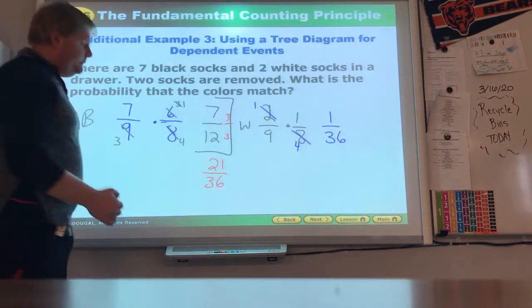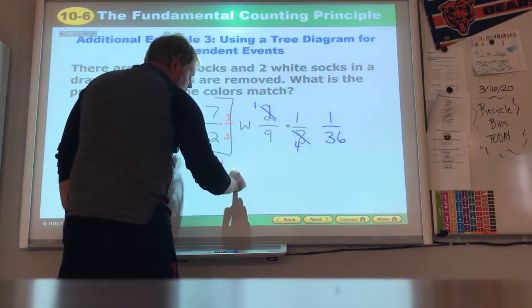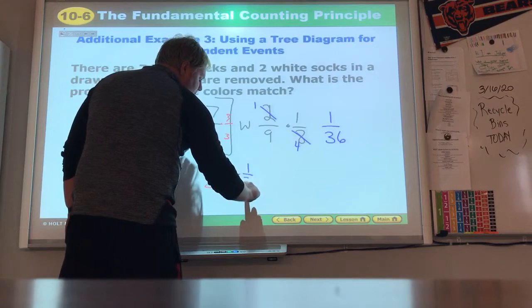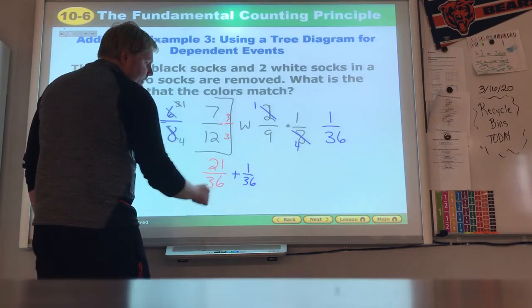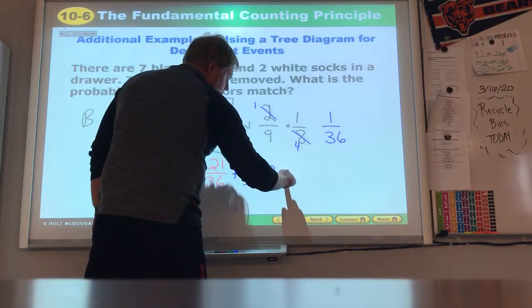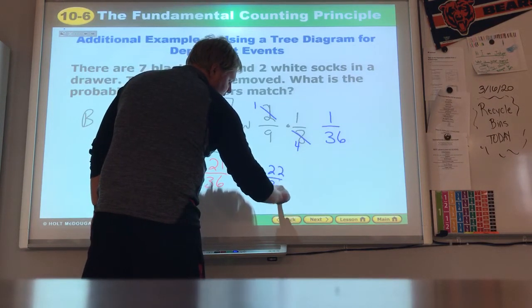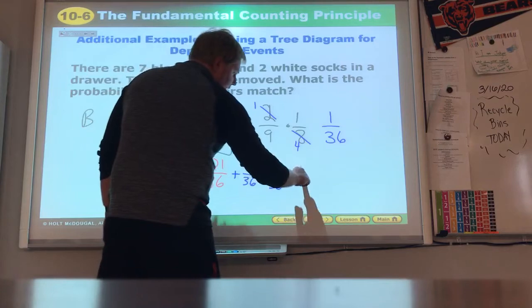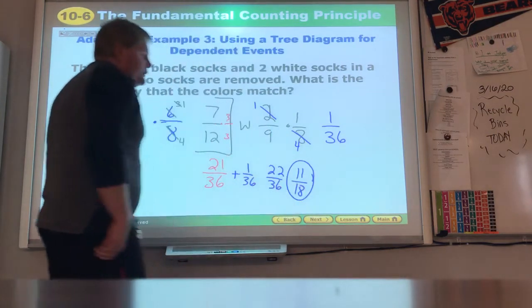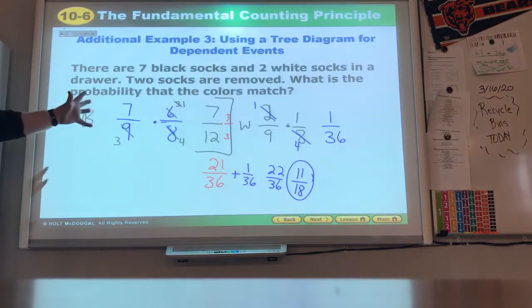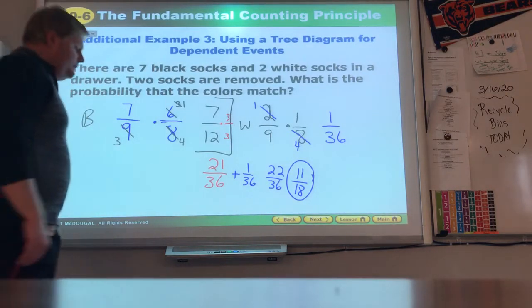We can add them then. And then we have the 1 over 36. This happening or that happening means we add. 22 out of 36 is the chance, or we can think 11 out of 18 is our chance of getting a pair of socks that match.